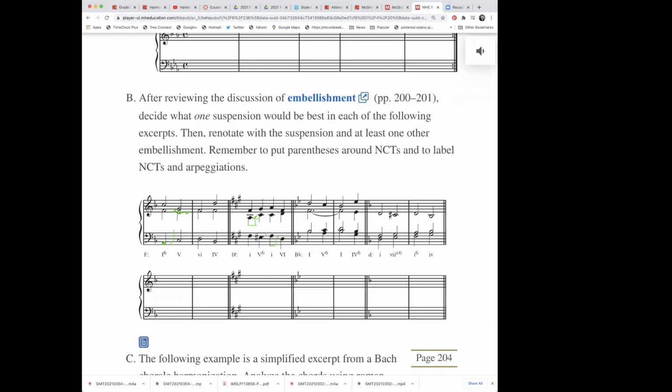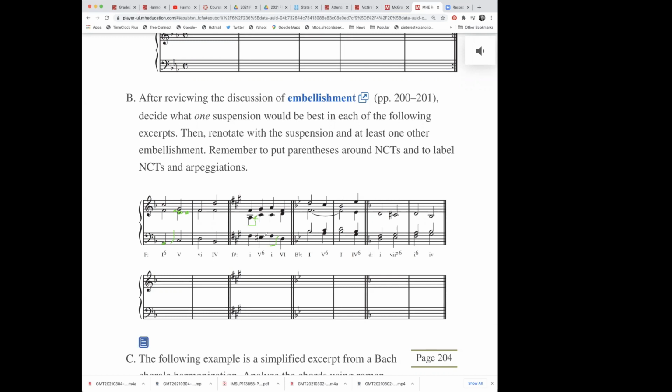Can we do a suspension off a passing tone? Sure, that may be legal. Where do you want to do it? In the alto with the B. Going up? What note would you go to? You want to repeat the B?